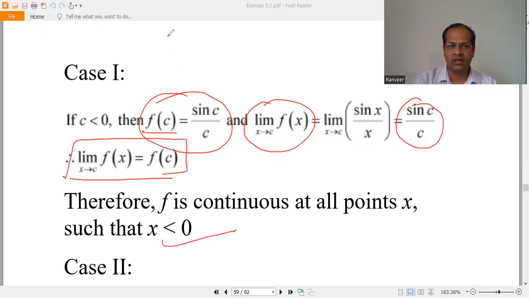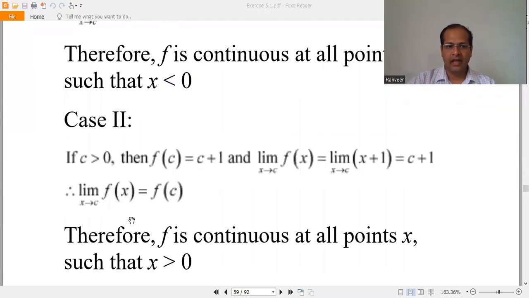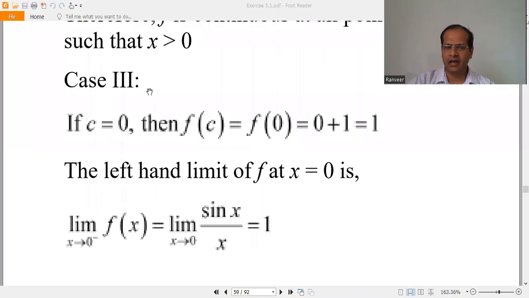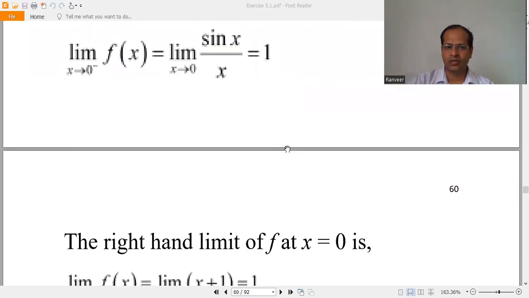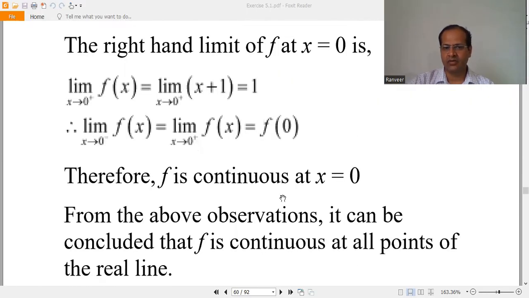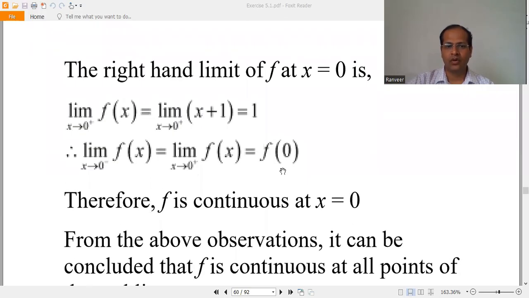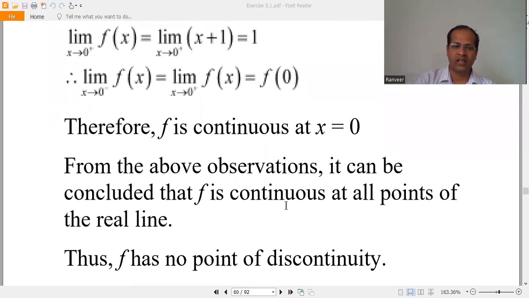For c greater than 0 there is only a single value, so it is continuous. And the third point, c equal to 0: the first value is 1, the 0 minus value is also 1, and the 0 plus value is also 1. So all the values are the same, so it is continuous. Now there is no point of discontinuity.